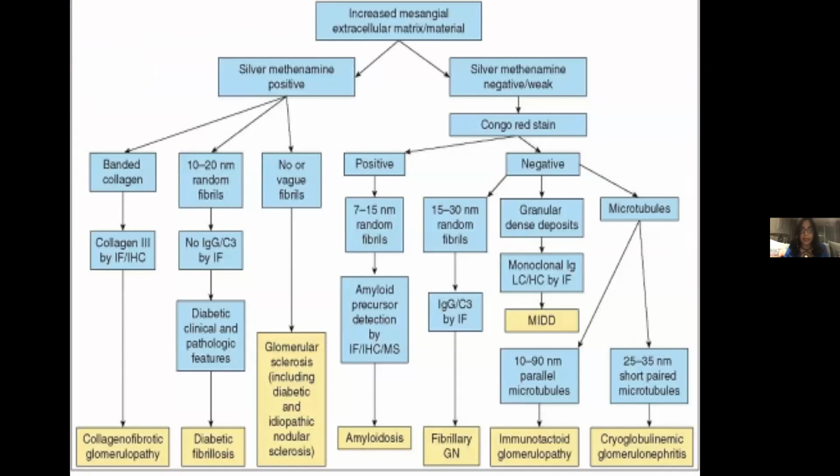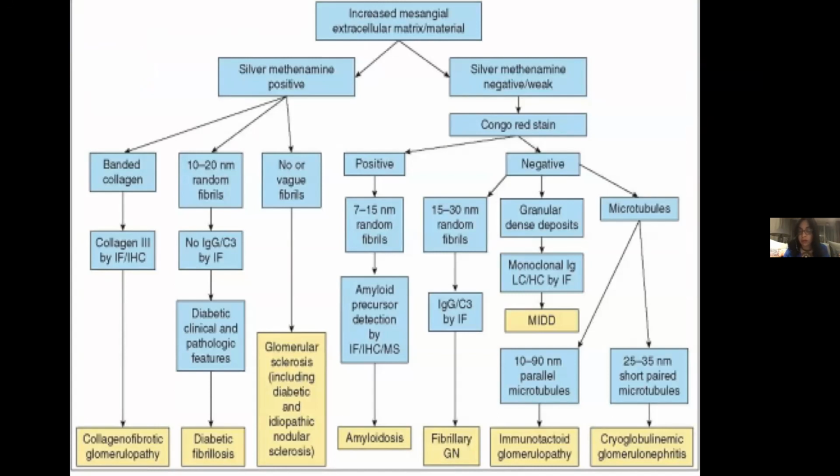So the point is that when we have increased mesangial extracellular matrix or material in a glomerulus, we have 2 pathways to think of. Is this increased extracellular matrix immune globulin derived, or an autoimmune process, or is it non-immune globulin derived?